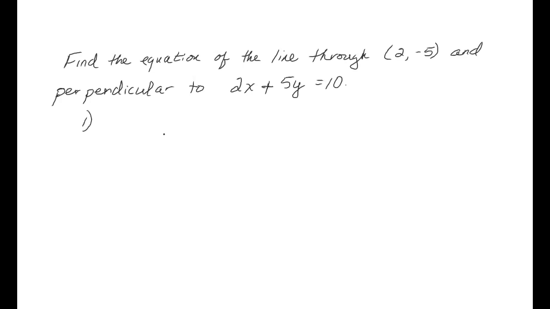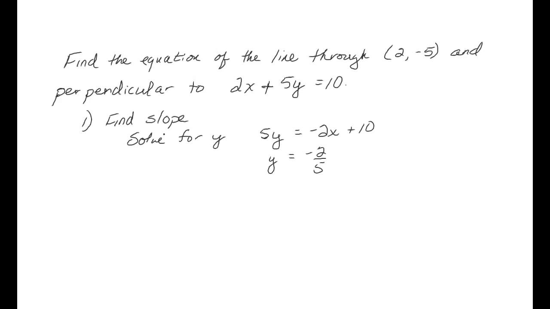So the first thing you need to do is figure out the slope of the line, and you said you were getting that right. Yeah. So to do that, we're going to solve for y. So we have 5y equals -2x plus 10. Y equals -2/5 x plus 2.